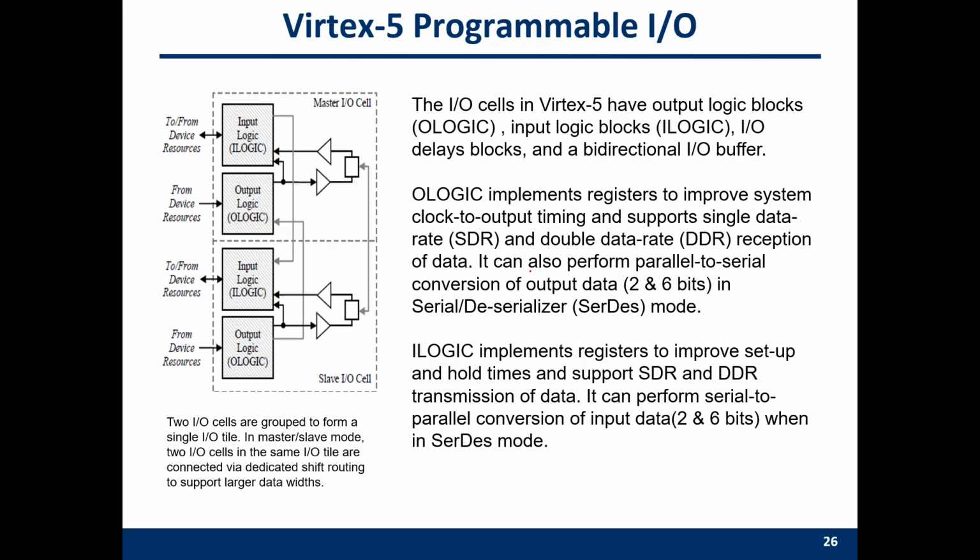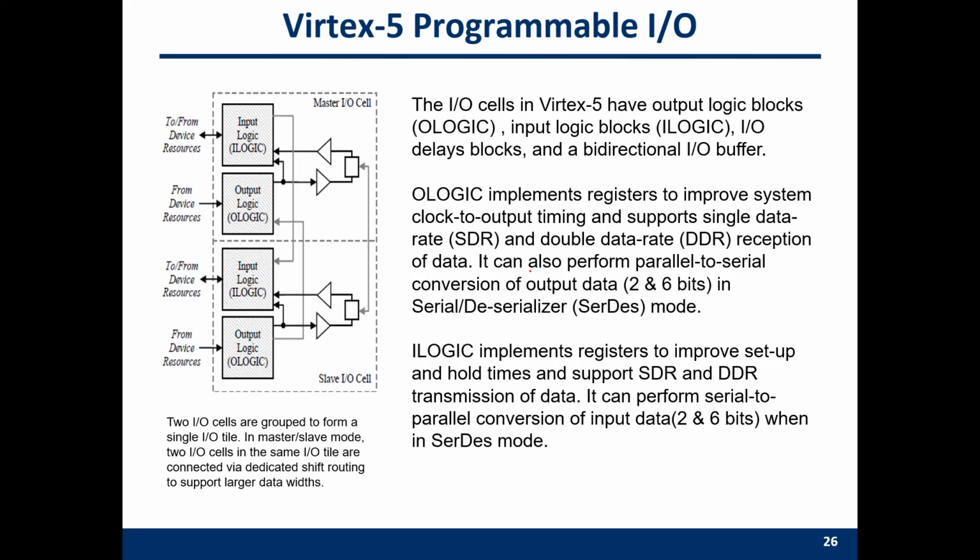Besides those lookup tables, we also have some I/O cells on the FPGA board. The I/O cells can help you to improve the system clock to output timing and support single data rate and double data rate.